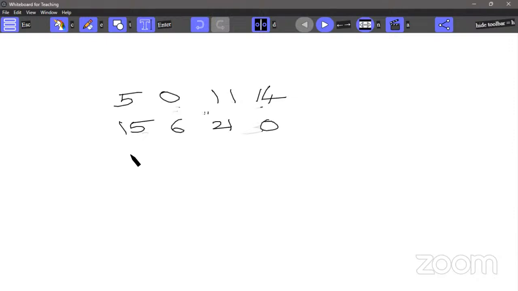Then 1, 4, 0, 3. Then 0, 4, 19, 1. Right. Now you see here, we have to identify a single 0 row.